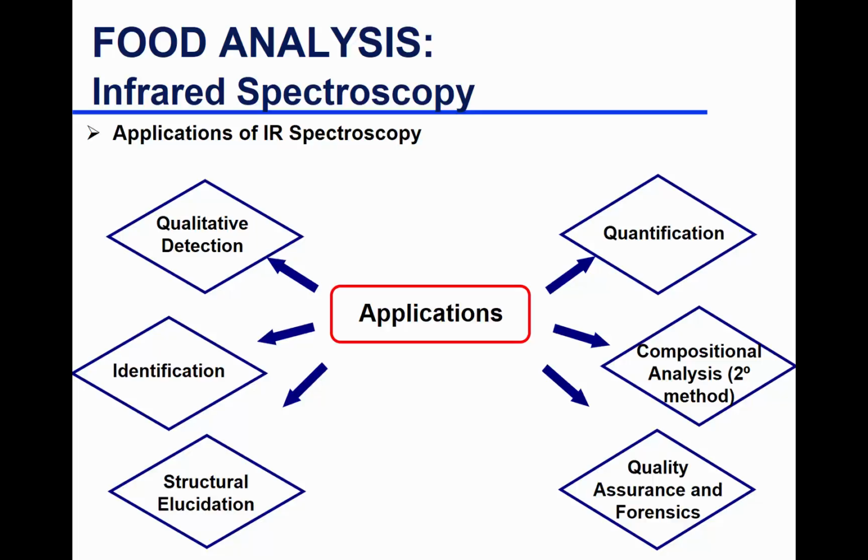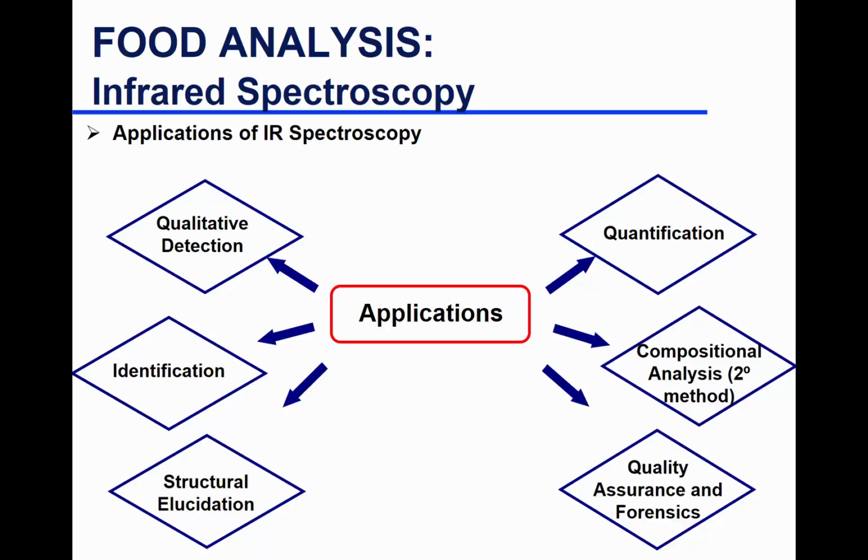Let's see. Quantification, and what I want to say for composition analysis, it's very important that you know the difference between a primary method of detection and a secondary method of detection. Do you remember that from the very first few lectures in analysis, when I said primary methods of detection are what? What kind of methods are primary methods of detection? AOAC methods, AACCI methods, that means standard methods or official methods of analysis.